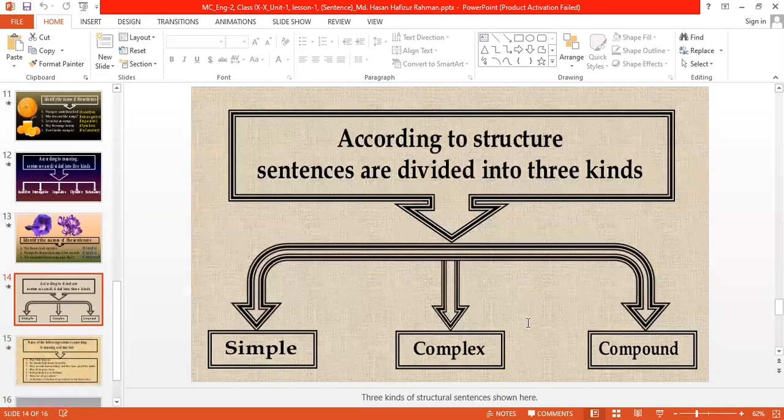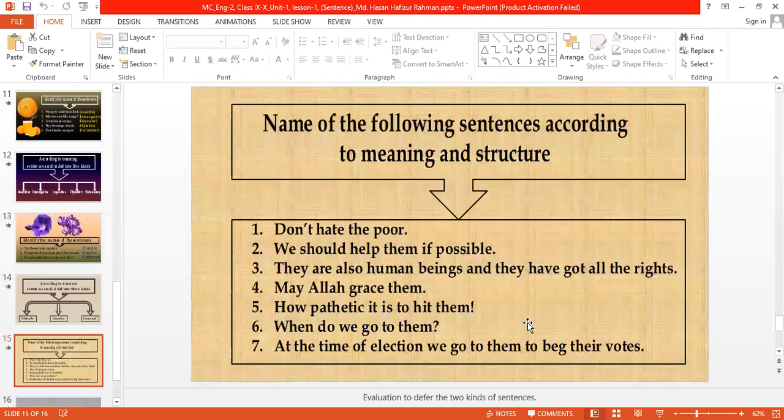My dear students, according to structure, sentences are divided into three kinds: simple sentence, complex sentence, and compound sentence.